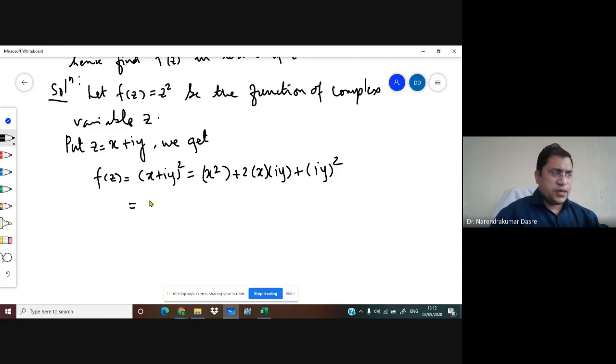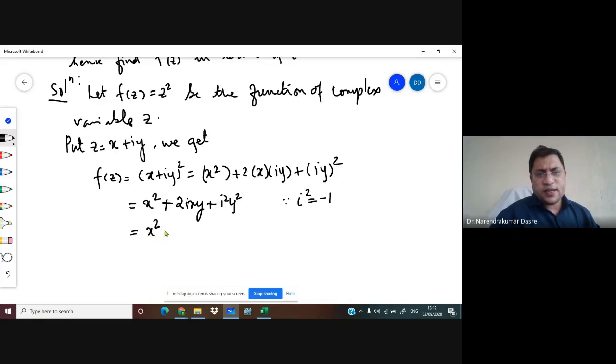So this is x square plus 2ixy plus i square y square. Since i square is equal to minus 1, we can write this as x square plus 2ixy minus y square.